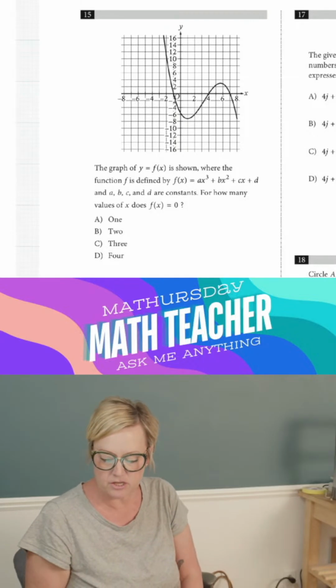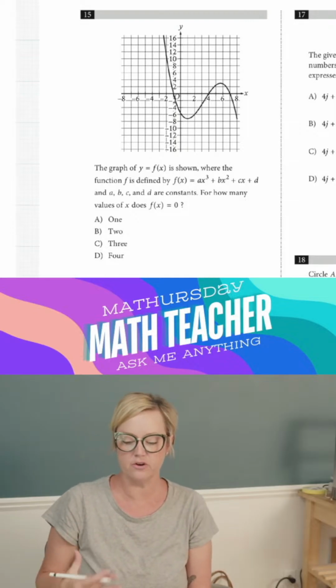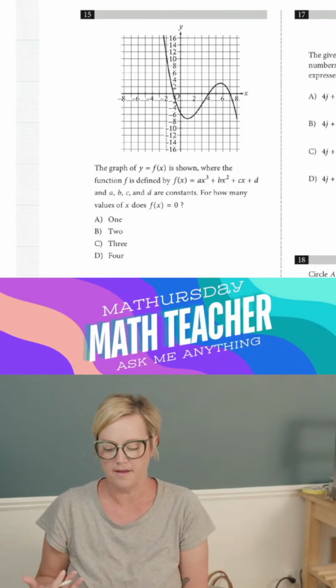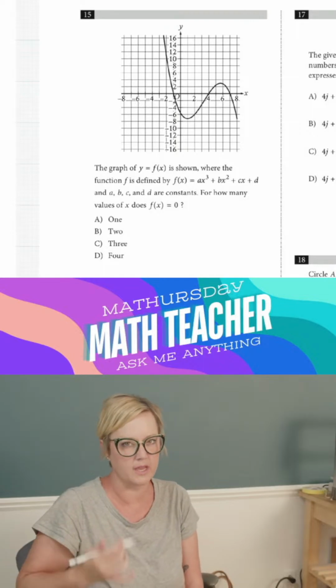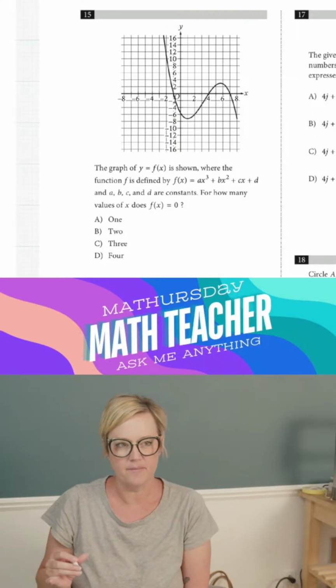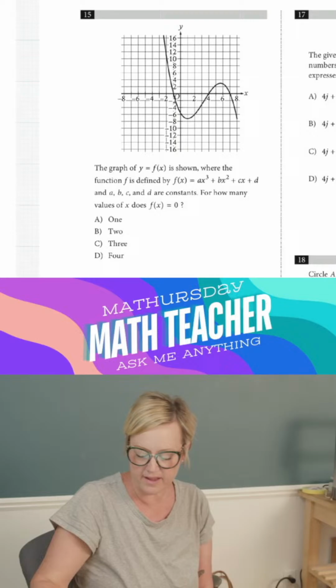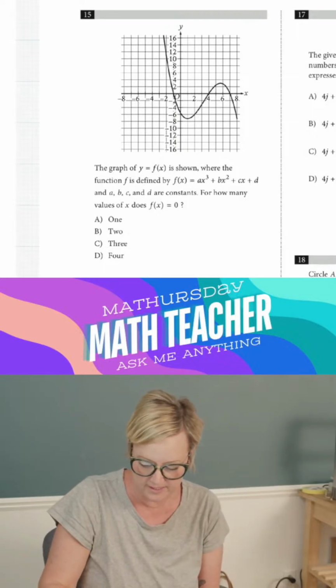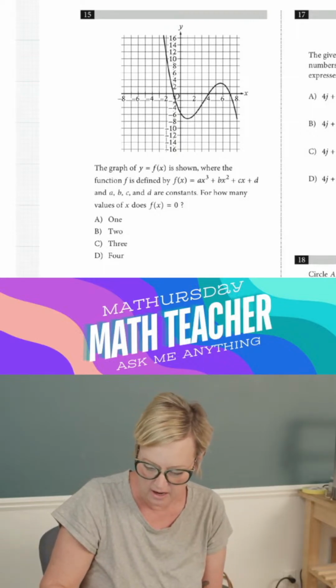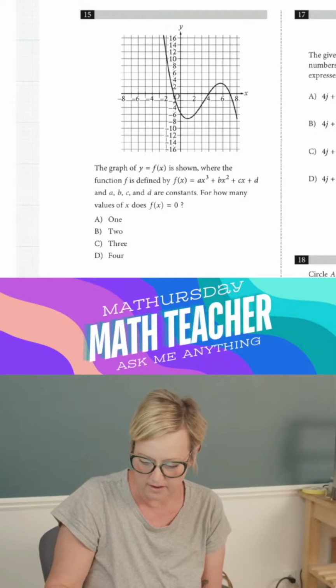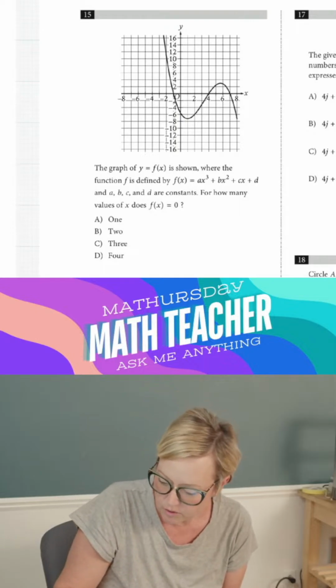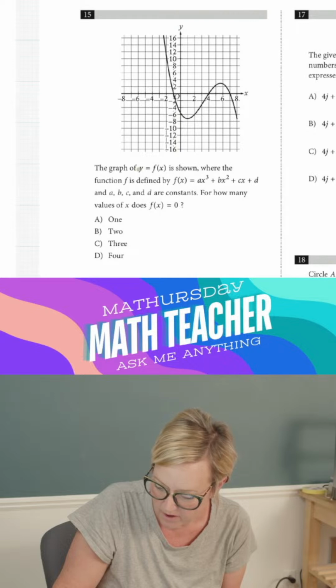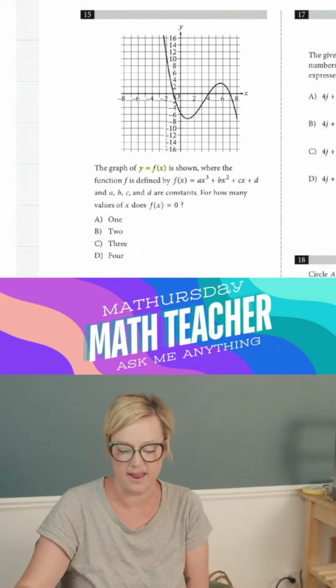Okay, so this in particular is a function, so that's kind of what we're looking at with this. All right, so when we look at this, we've got a couple of important pieces of information. Let me get my highlighter going. This is telling us right here that we've got y equals f of x.